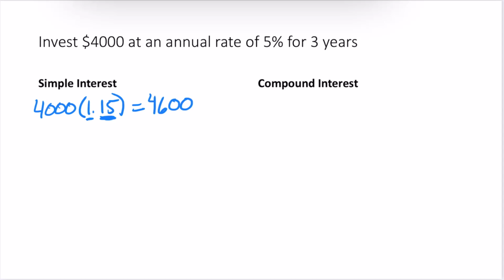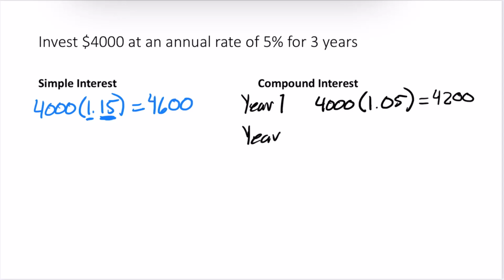Now, if we did it with compound interest, it would be calculated a little bit differently because at the end of the first year, you would have $4,000 times 100% plus 5% interest, which would equal $4,200. So that's the amount of money we would have in the account at the end of the first year.